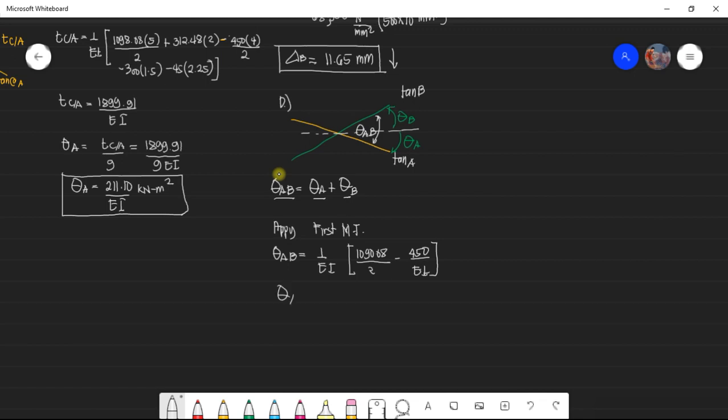So, the change in slope is equal to, why is there EI there? There is no EI here, it should be 2. Okay, 2EI, what's the answer? I already calculated it. 1090.08 minus 450 divided by 2.